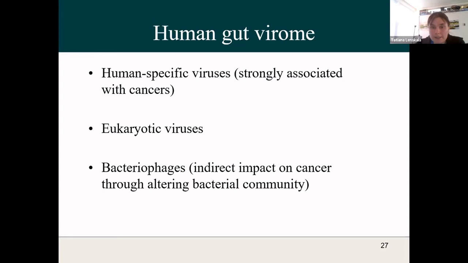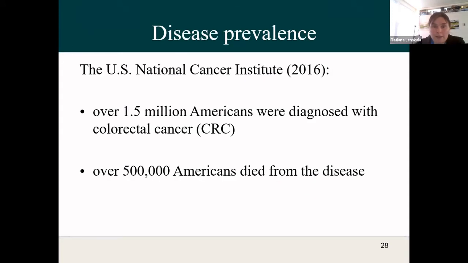So in the next study, they look at colorectal cancer, which is really a devastating disease. According to the National Cancer Institute, in 2016, over 1.5 million Americans were diagnosed with colorectal cancer, and over 500,000 died from this disease.